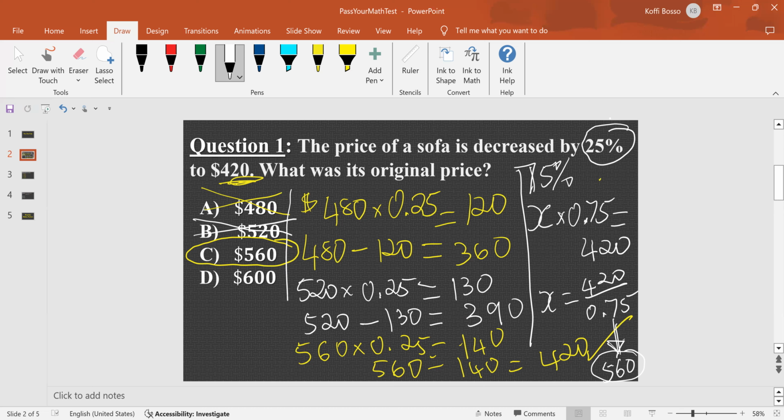The first method I used is that we assume the original price is A, we check, it doesn't work. B, we check, it doesn't work. C, and now that works. So the correct choice is C, which is 560.